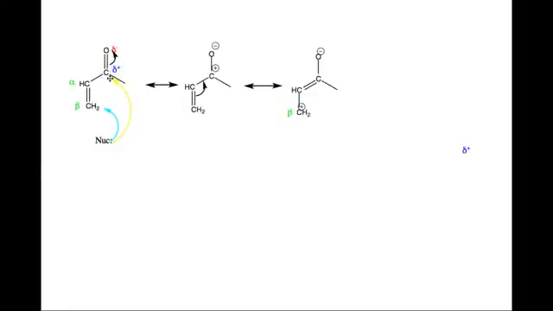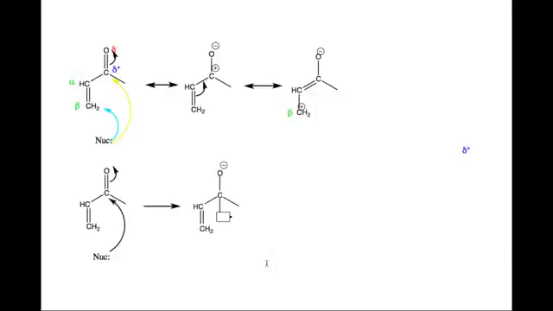Now when nucleophiles add directly to the carbonyl carbon, this is actually the same reaction that we've been using for quite a while, in which the nucleophile adds directly to the carbonyl carbon, the pair of electrons from the pi bond gets kicked out onto the oxygen atom, resulting in a new bond between the nucleophile and the carbonyl carbon.